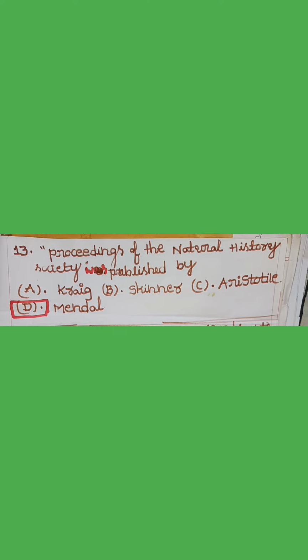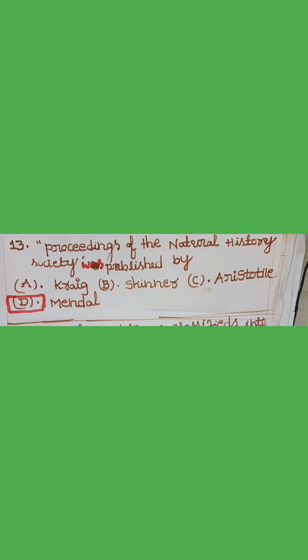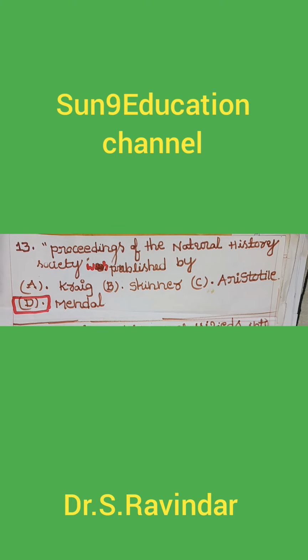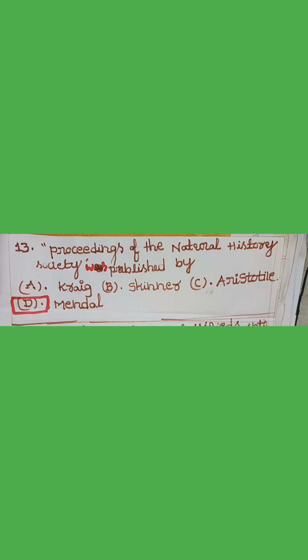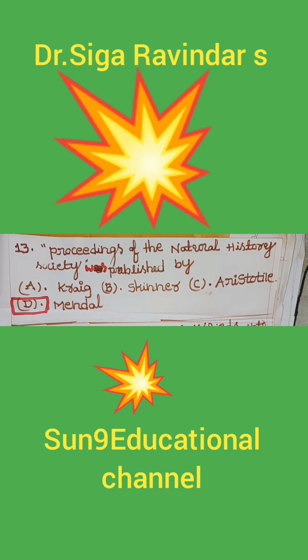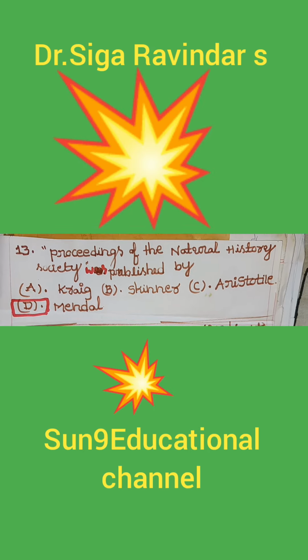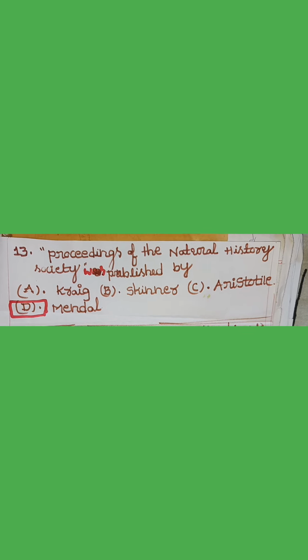Next question. Question number 13. Proceedings of the Natural History Society was published by: A. Craig, B. Skinner, C. Aristotle, D. Mendel.